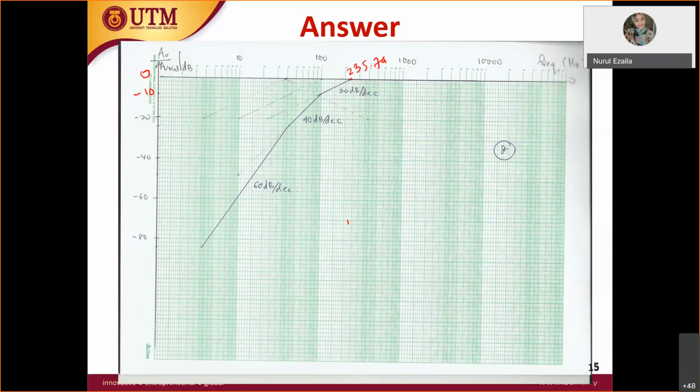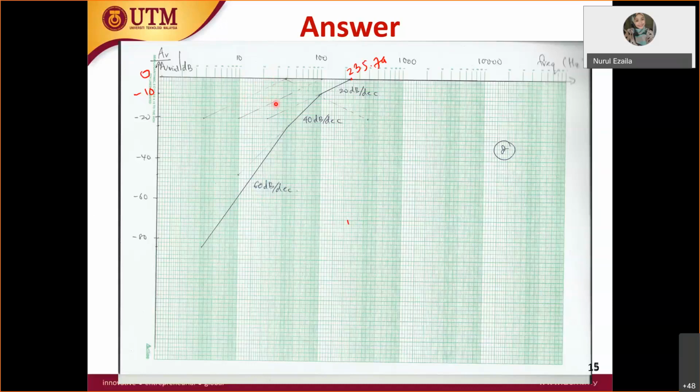So if you divide 23579 by 10, you will get about 23.5. So where is 23.5? This is 10, 20, 30. It is about here. I don't know why it is written here.